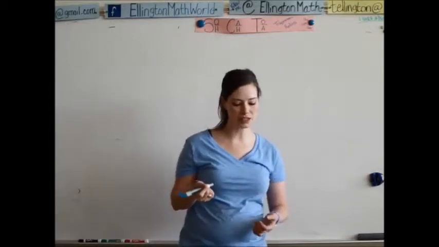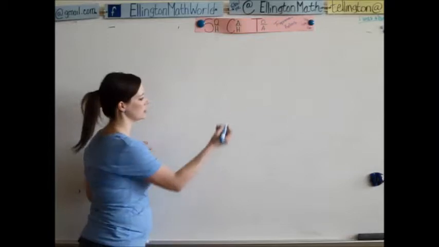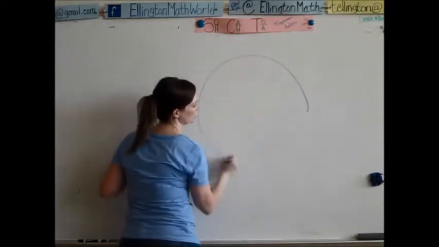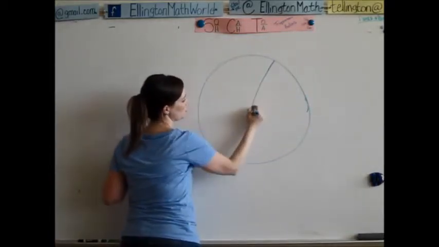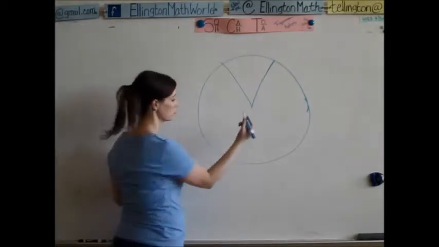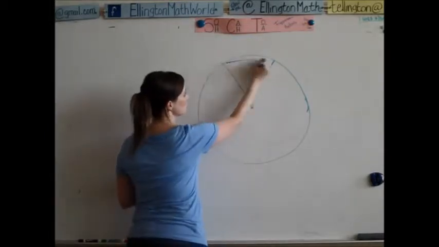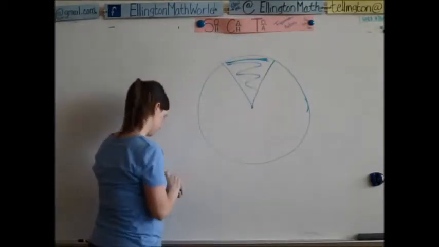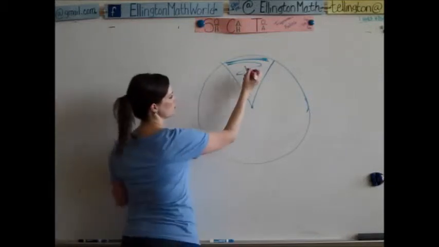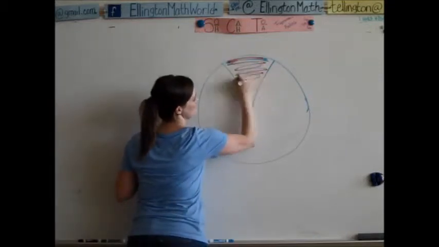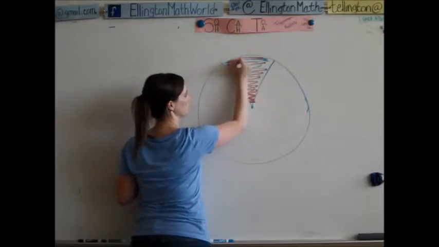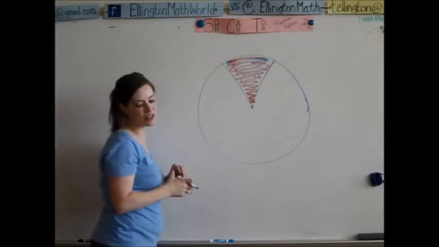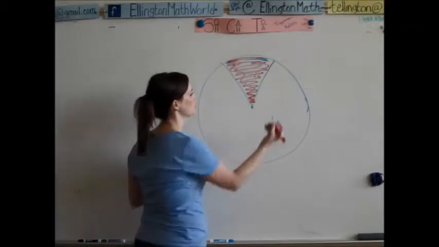Alright, the formula to find the area of a sector of a circle. A sector of a circle, remember, looks like a pizza wedge, like sliced pizza. To find the area of that sector, you have a formula.